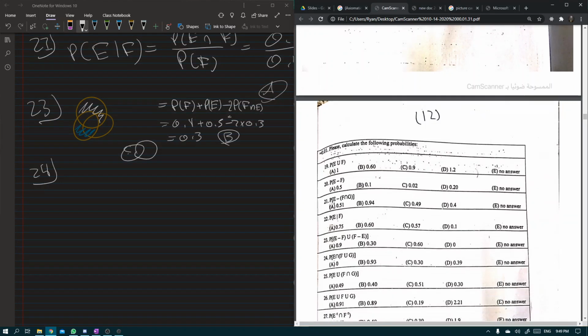Okay. E intersection F union G. Okay, so this is E. Then the intersection with F union G. If this is E, this is F union G, then the intersection will be the stuff in the middle.